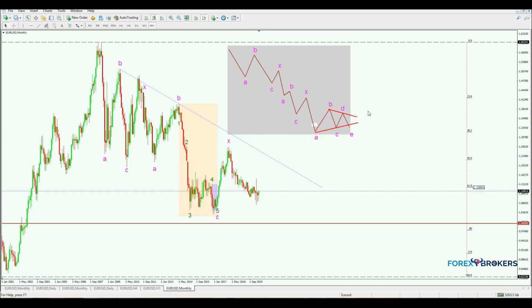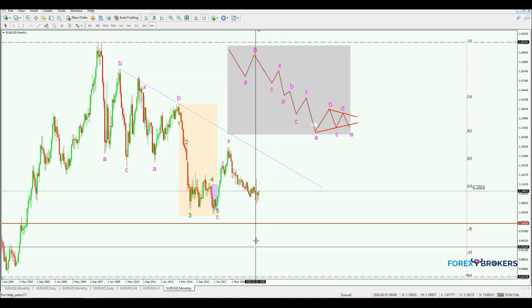To wrap up triple combinations, they are one of the most complex patterns. They have three simple corrective waves. They always end with a triangle. They cannot start with a triangle, but they always end with a triangle. They may start with a zigzag or with a flat, but the most common variant starts with a flat.